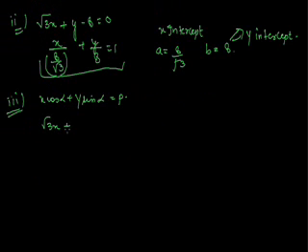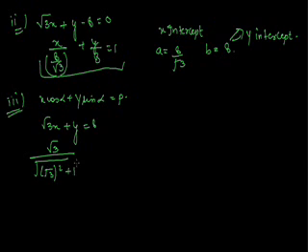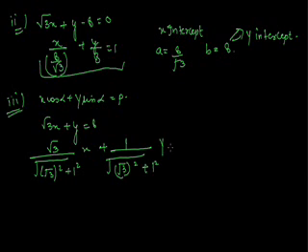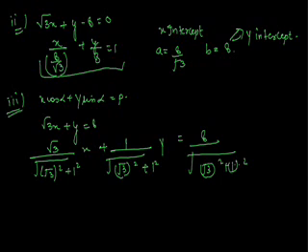As the equation of the line is root 3x plus y is equal to 8, it can be written as root 3 upon root of root 3 square plus 1 square x plus 1 upon root of root 3 square plus 1 square y, as we have seen above, is equal to 8 upon root of root 3 square plus 1 square. So it has been given by root 3 upon 2 x plus 1 upon 2 y is equal to 4.